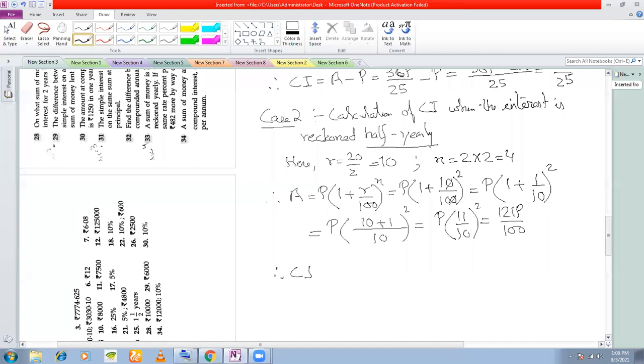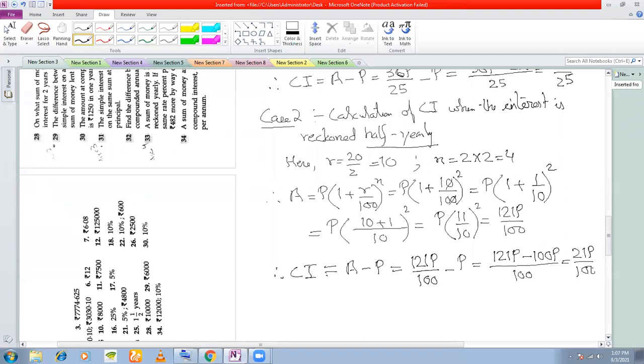Therefore, what is the CI? CI is equal to A minus P, which is equal to 121P by 100 minus P. Take the LCM. 121P minus 100P, which is equal to 21P by 100.